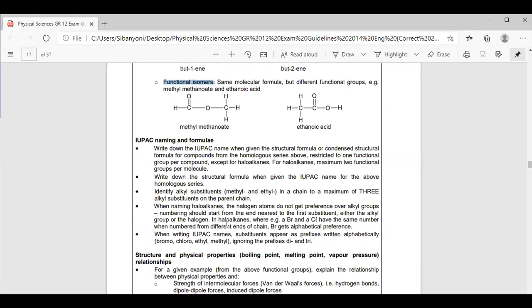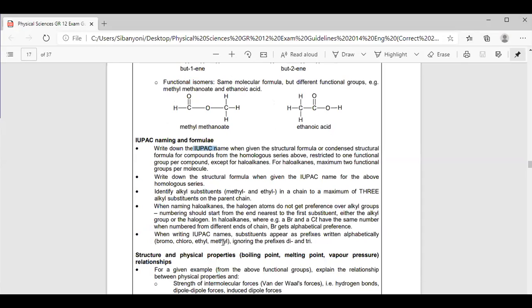And then again, under nomenclature, we must be able to use IUPAC rules to give names to organic molecules when we are given either a structural formula or a condensed structural formula, as well as a molecular formula.